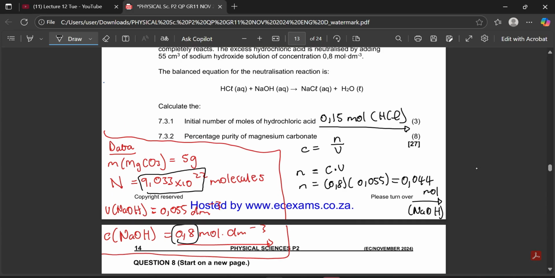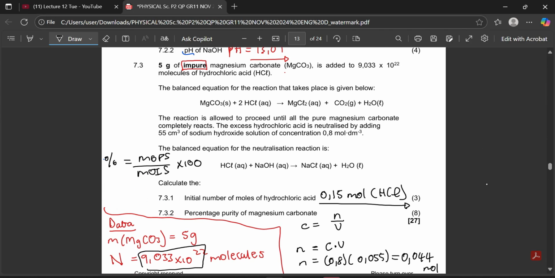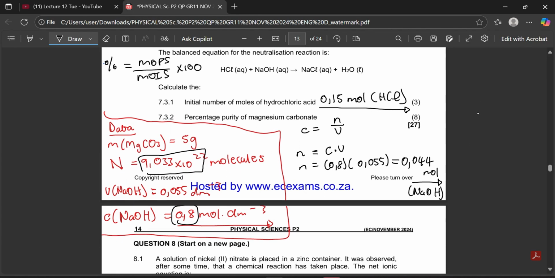Now, what do we actually want? Remember, percentage purity is the mass of the pure substance over the mass of the impure substance. Now, what you need to know is that in a reaction, it is the pure substance that actually reacts, right? So in this particular case, we are only reacting the pure substance.